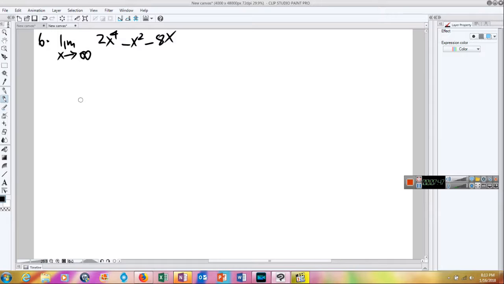What that means is we're going to divide each part of the expression by the highest power, and then we're going to work it out from there. You can just use this part as a reference. The limit as x tends to infinity of 1 over x equals 0.